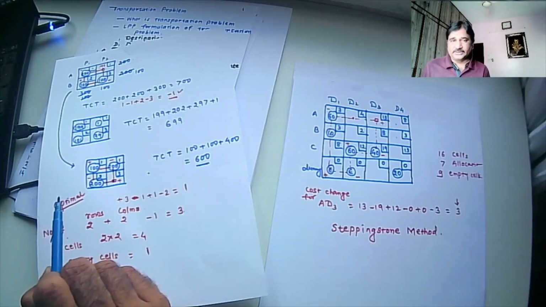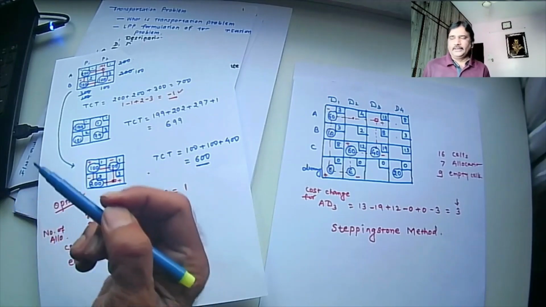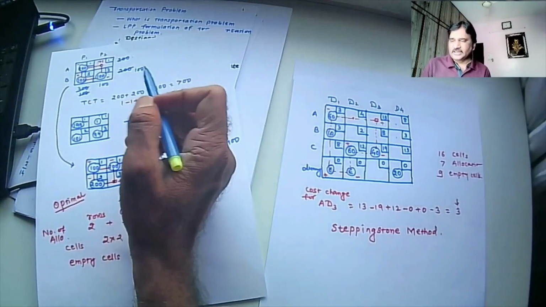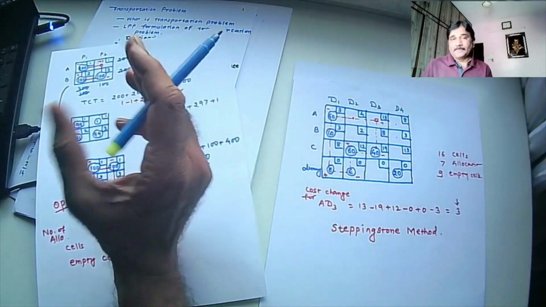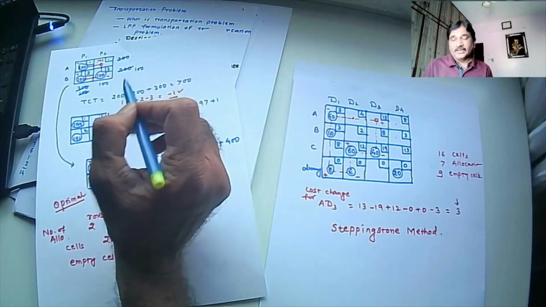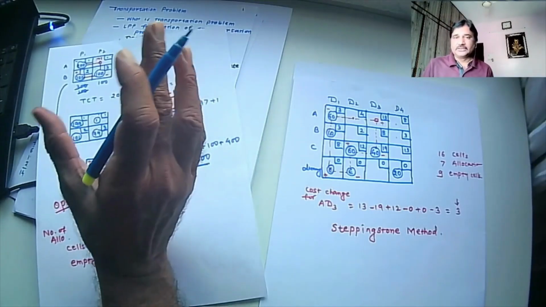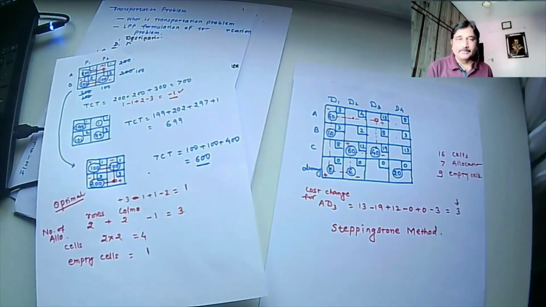What we do in the test for optimality is try one unit allocation in an empty cell. In this case, where there are 2 rows and 2 columns, there will be 2 plus 2 minus 1, that is 3 allocations. In all there are 4 cells, so there will be only one empty cell.